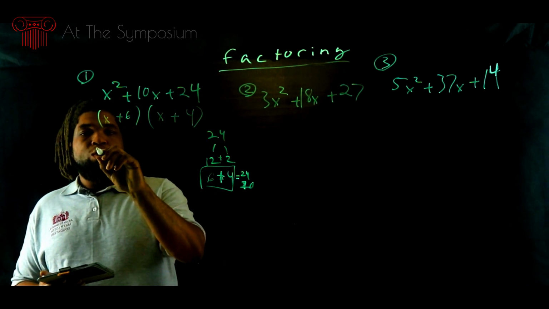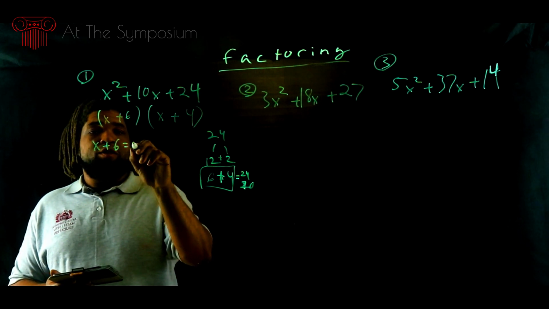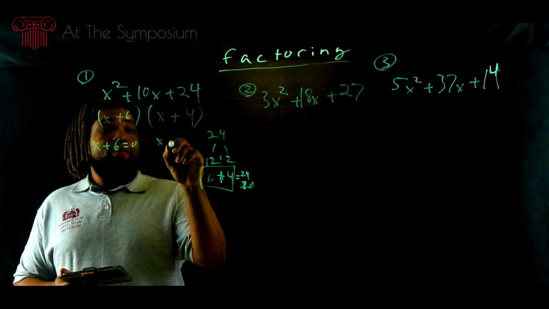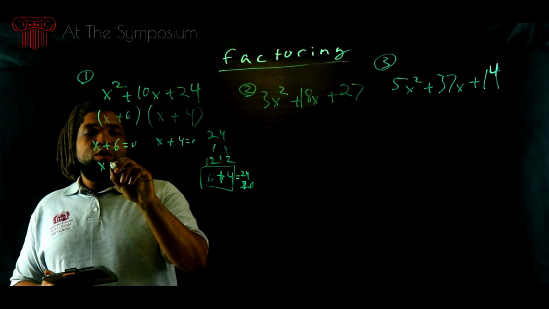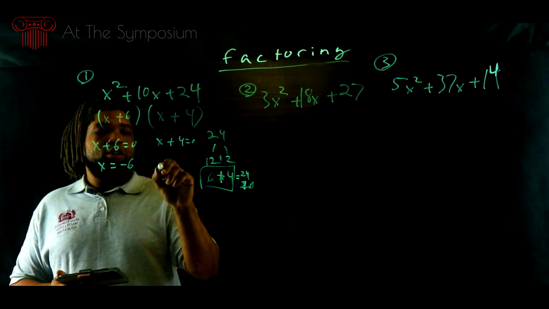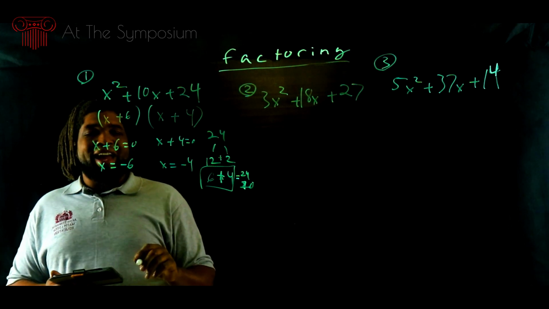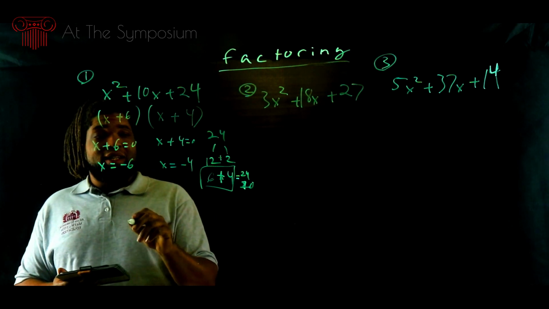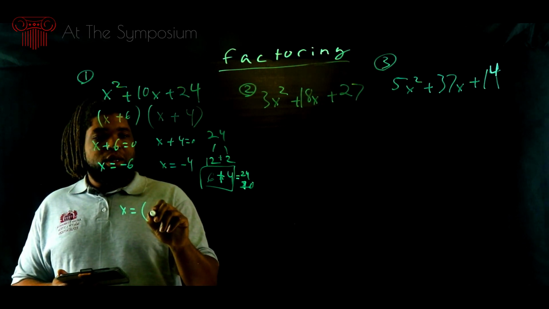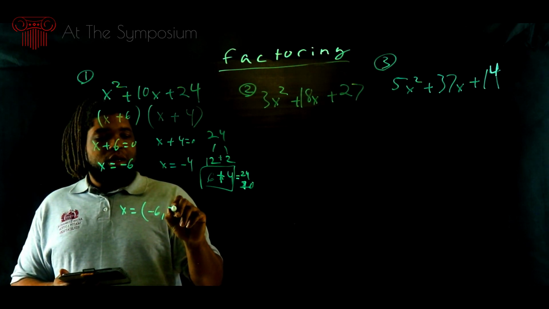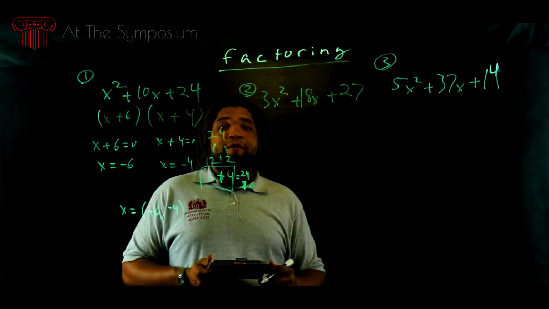But again, when we're doing quadratics, if we want to get our final answer, yes, it is factored, but we're going to set both of these to 0, and we're going to solve the equation, which basically gives you the same quantity with the opposite sign, right? So my answer would be x equals -6, x equals -4. It's going to look like this. And that's going to be your answer for number 1.